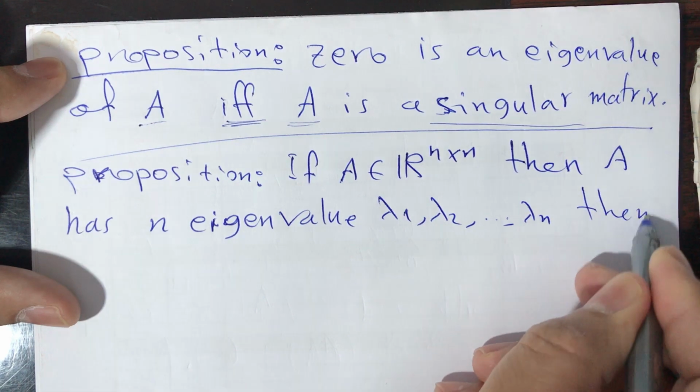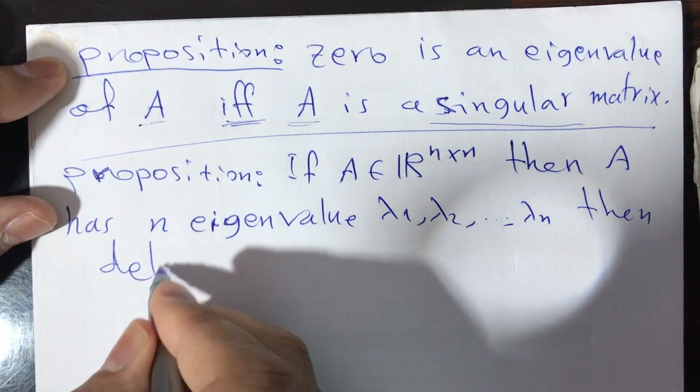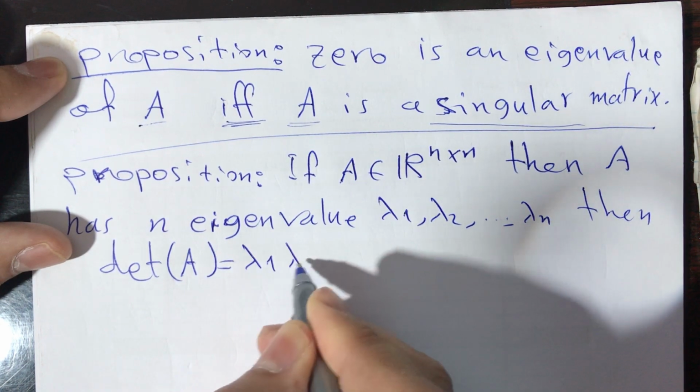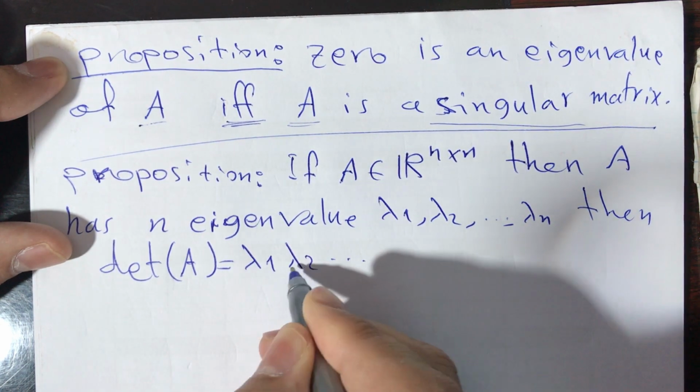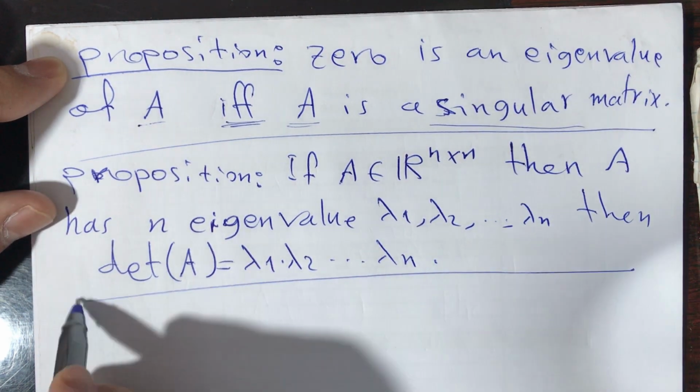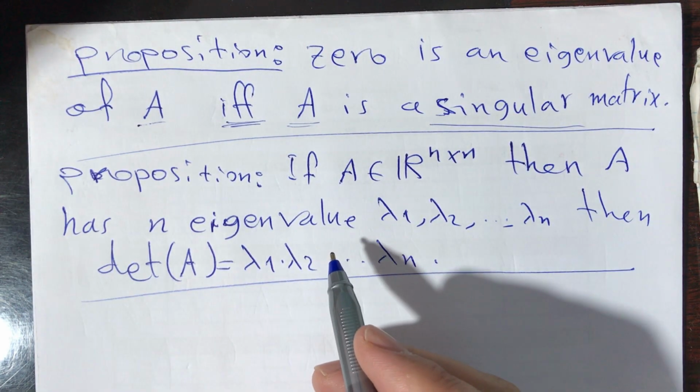Then the determinant of A is equal to lambda 1 times lambda 2 until lambda n. This is also without proof.